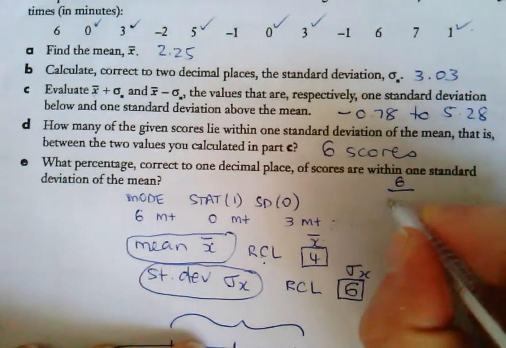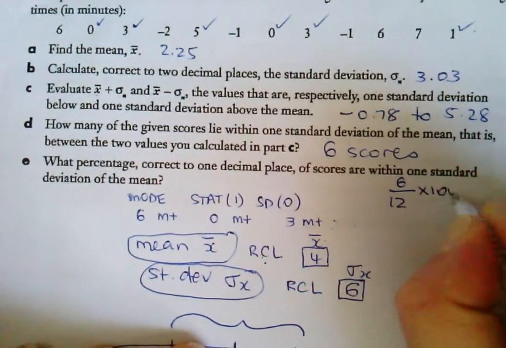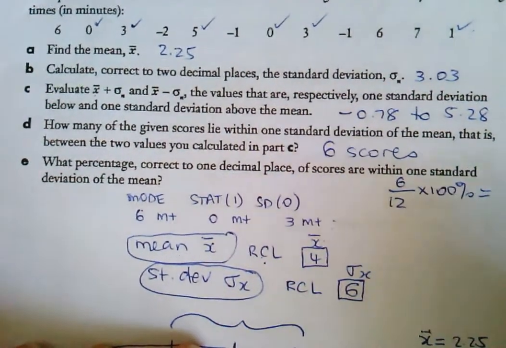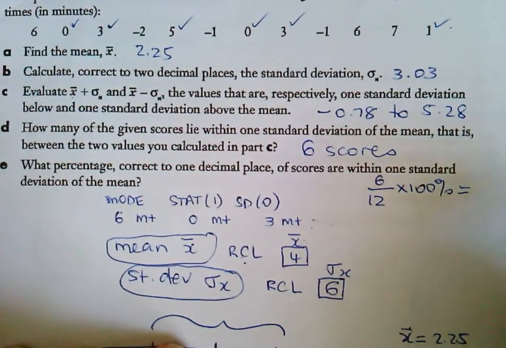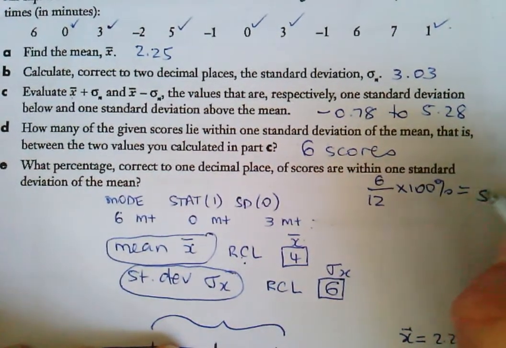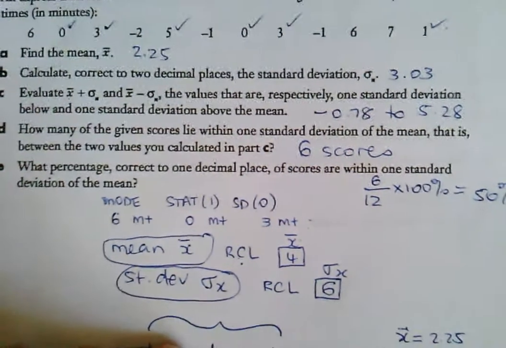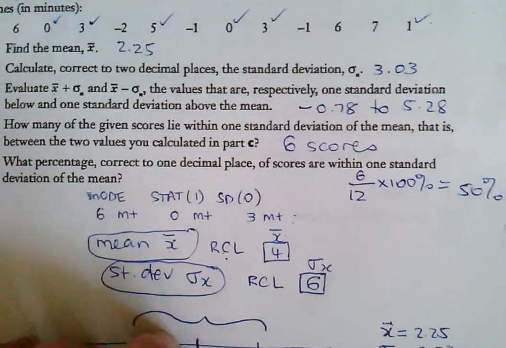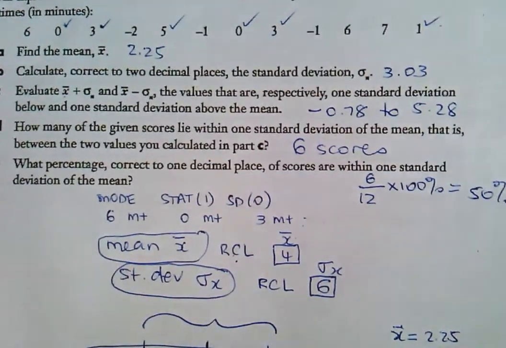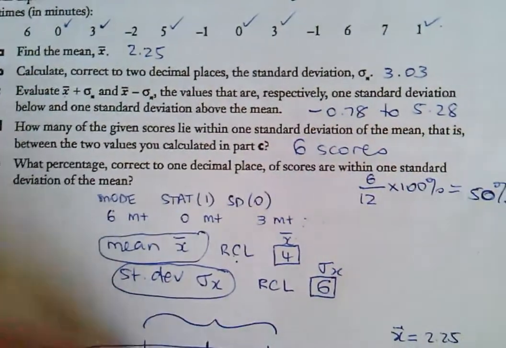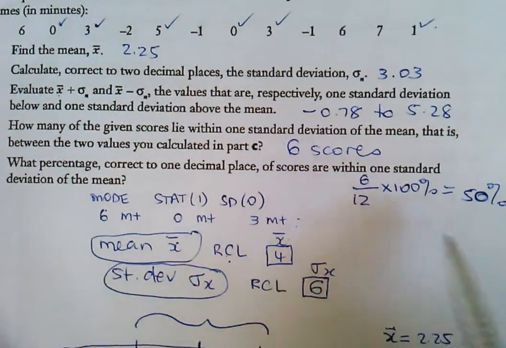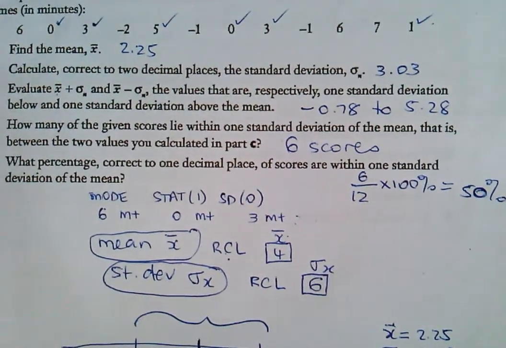Weren't there 12? 6 scores out of 12 times 100%. What fraction's that? Half is 50%. In other words, 50% of our scores are within 1 standard deviation of the mean. Just notice that.